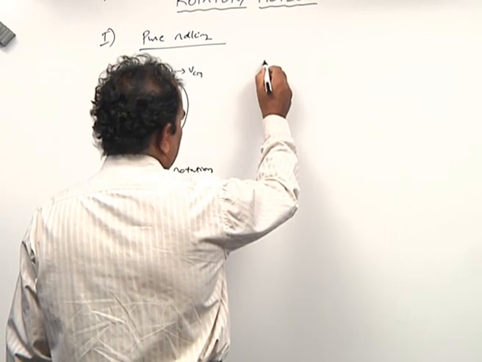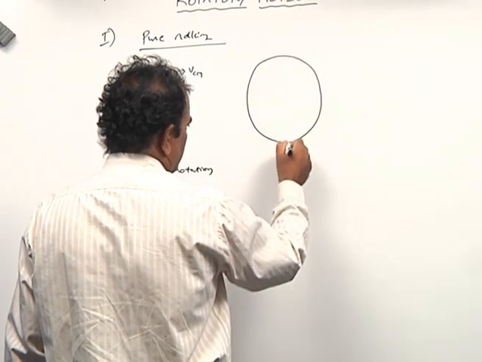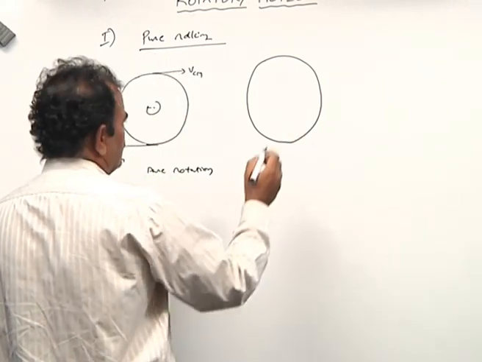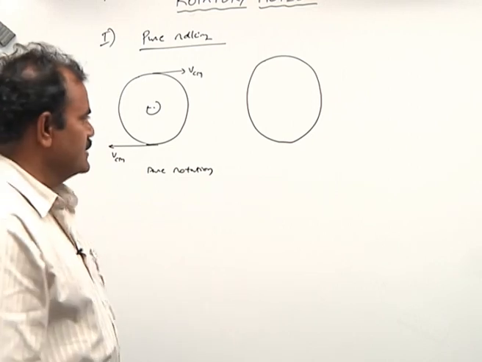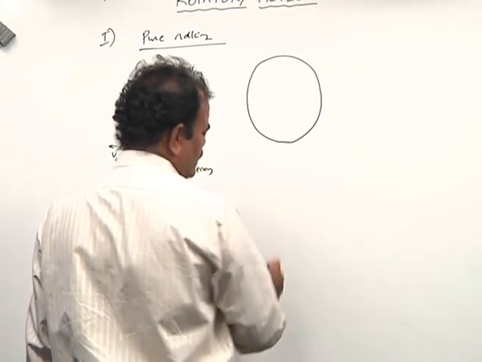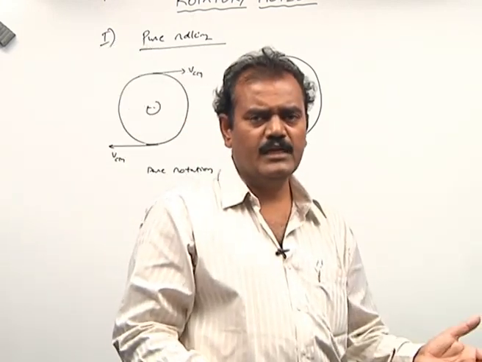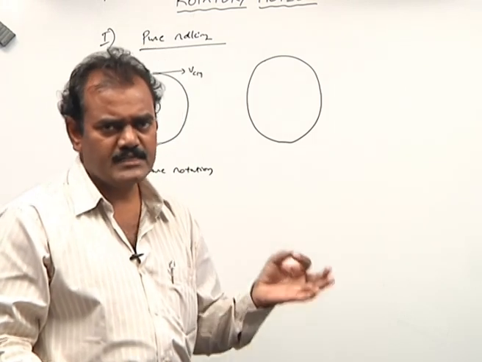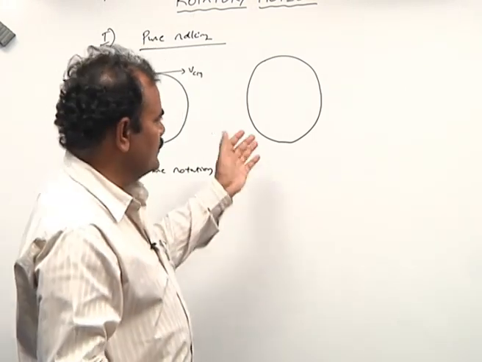Now, coming to the second case, here all particles have translatory motion. Translatory motion is defined as: when a force is applied to a body, if all particles have the same displacement, same velocity, and same acceleration, then it is said to be translatory motion.